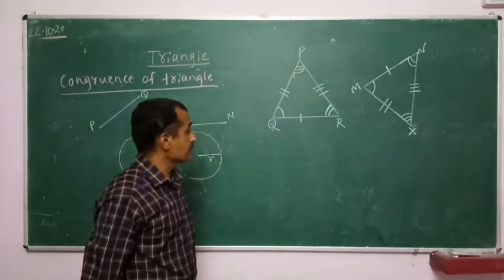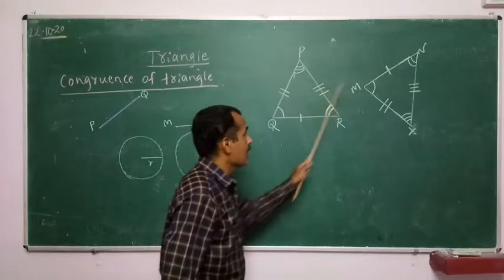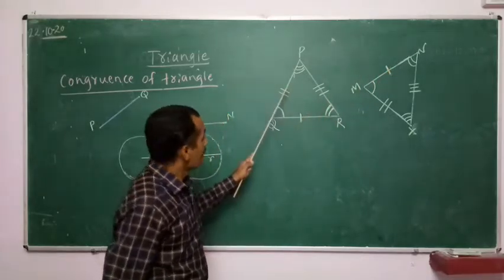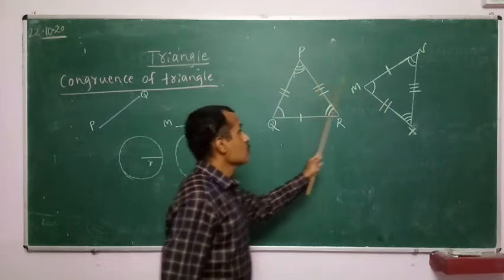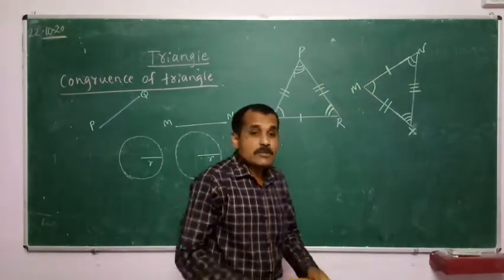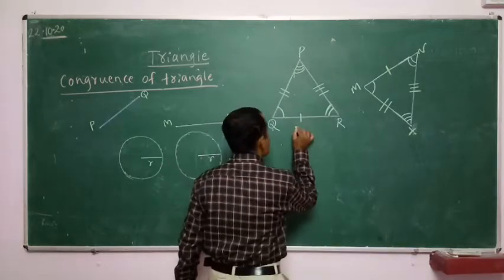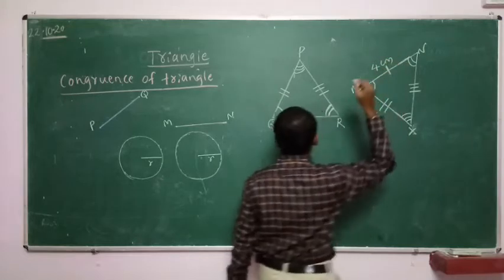Listen very carefully. These two are called corresponding sides. The corresponding sides must be equal. I say this is 4 centimeter, this is also 4 centimeter.